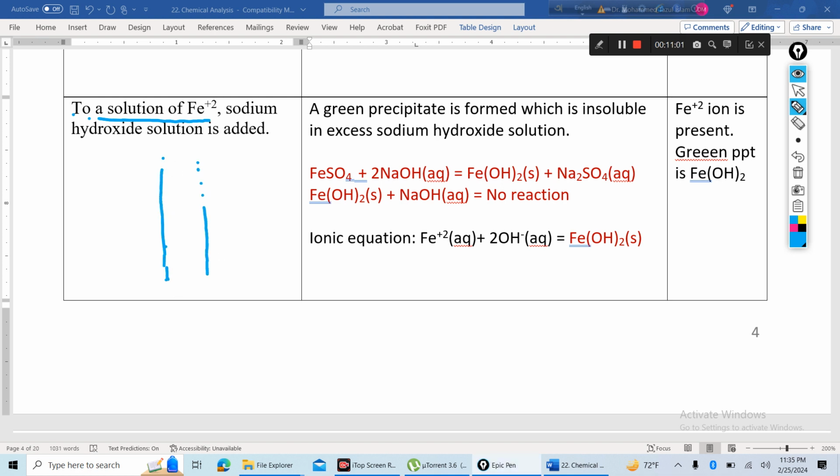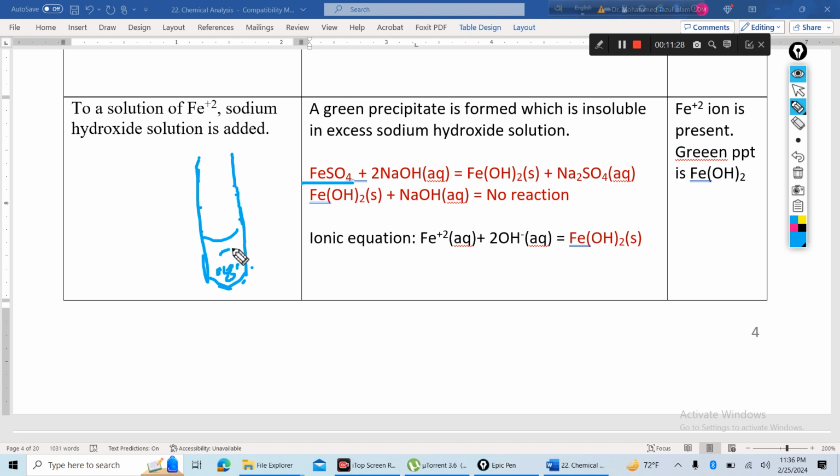At first you take a test tube. Here you will take some iron 2 compound, say iron 2 sulfate.